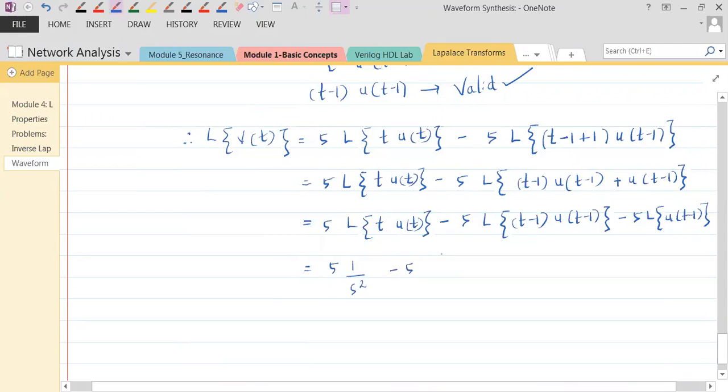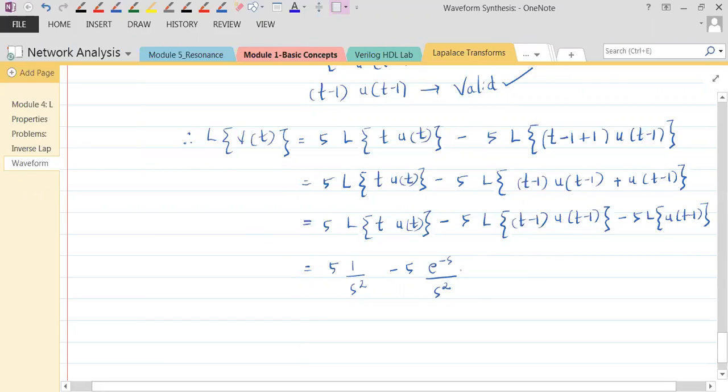Minus 5 into, what is the basic signal here? T is the basic signal, but this t is the shifted version of t. So what is the shift? Minus 1 is the shift. So you will have e power minus s here to compensate that shift. This is by which property? The time shift property. Understand?